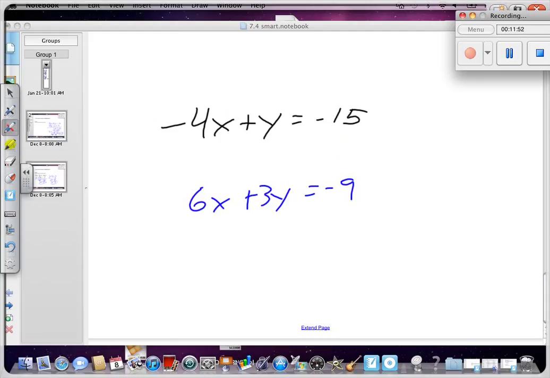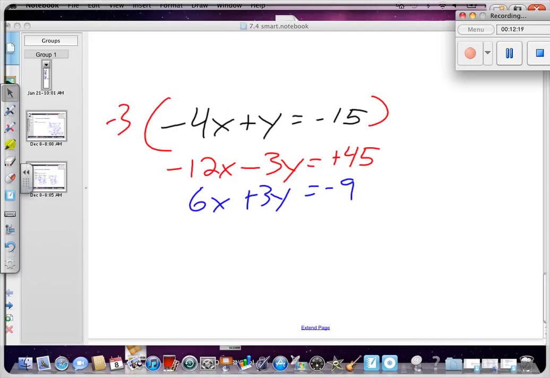All right, there's nothing I can multiply 4 by to give me 6, right? Is there anything I can multiply y by to give me -3? Yes, -3. So I get -12x minus 3y equals -45. Oops, positive 45.